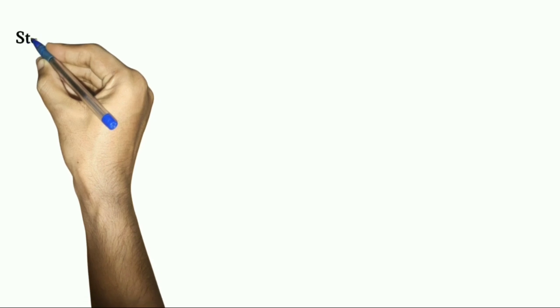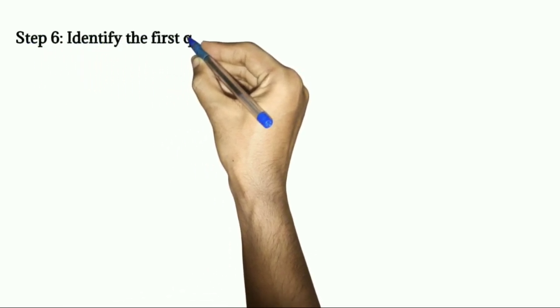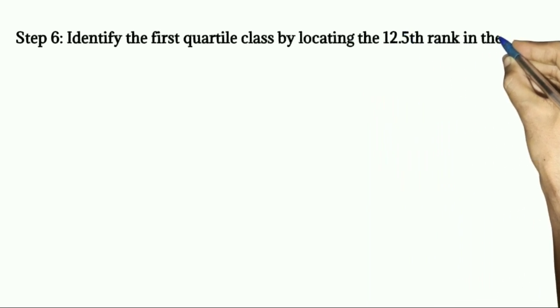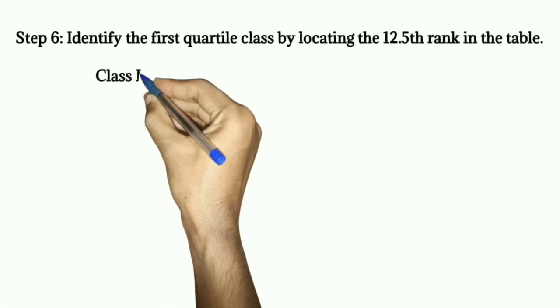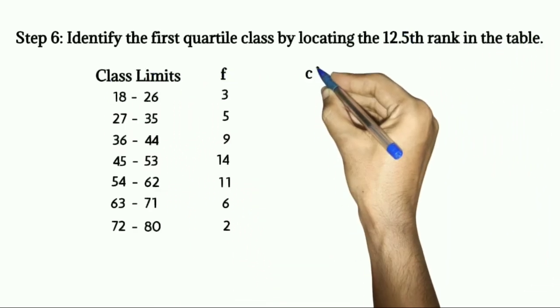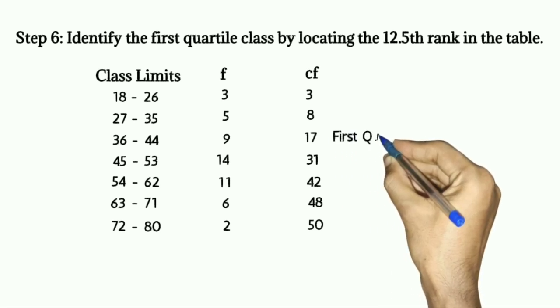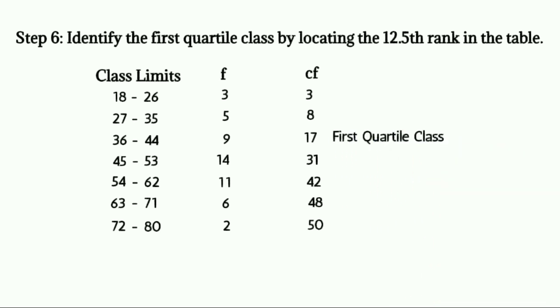After determining the rank, the next step is to identify the first quartile class by locating the 12.5th rank in the table. Since mas mataas yung 12.5 kaysa sa 8, that means the 12.5th rank belongs in this class, sa 17.